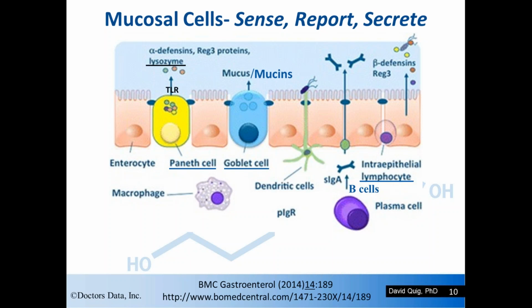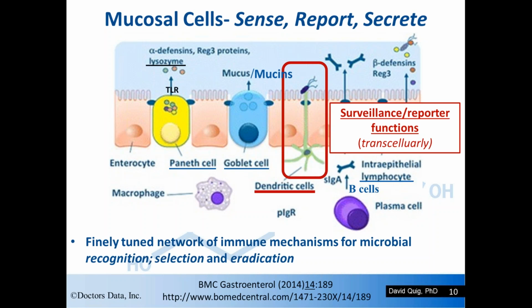But my very most favorite cells are the dendritic cells, because these dendritic cells have these long dendritic feet that extend up through pores in specialized M cells and actually sample bacteria from the surface of the glycocalyx, bring the bacteria back down, and present it to the immune system, for a yay or nay: tolerance, or mount an immune attack or response.